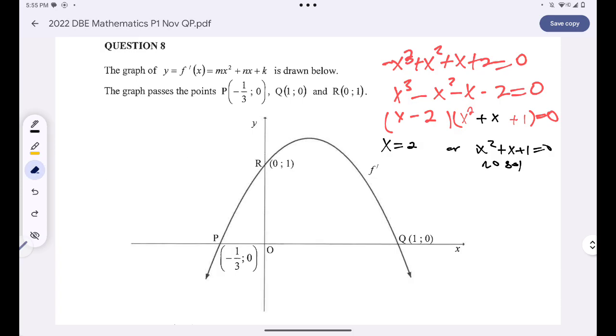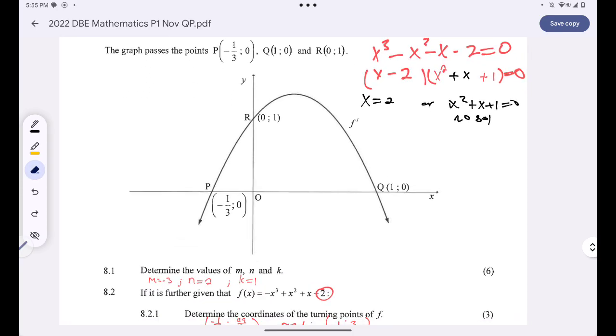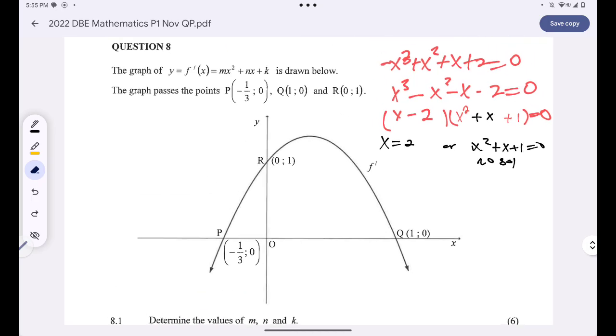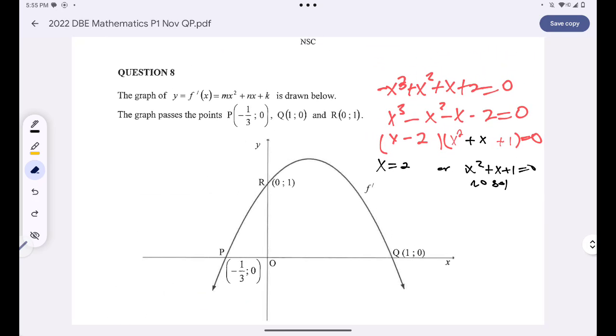I'm supposed to draw my graph. The value of a is negative. Okay, so my graph has to look like this. Has to look like that. 49 over 27 is a number which is less than 2.